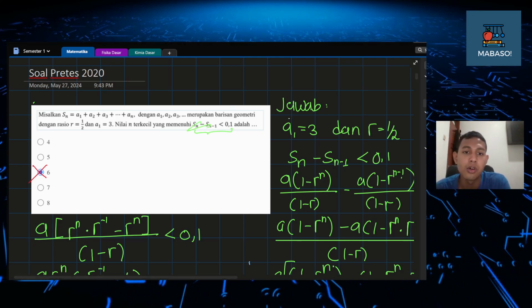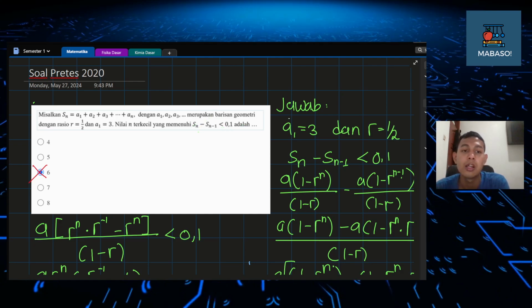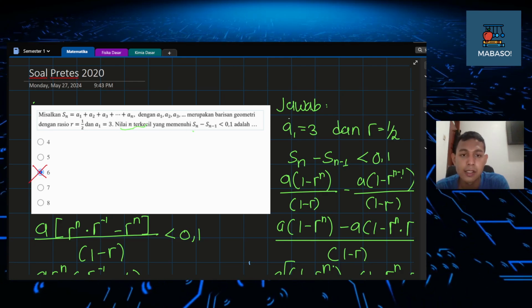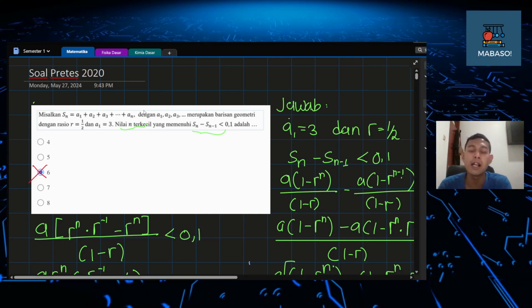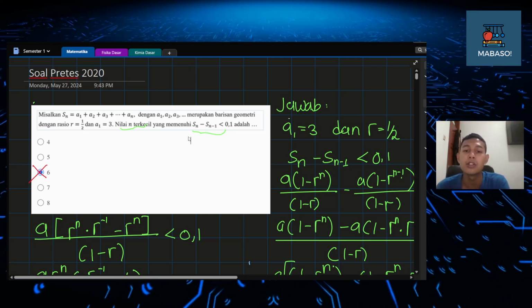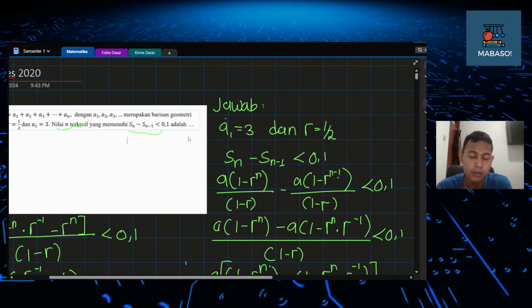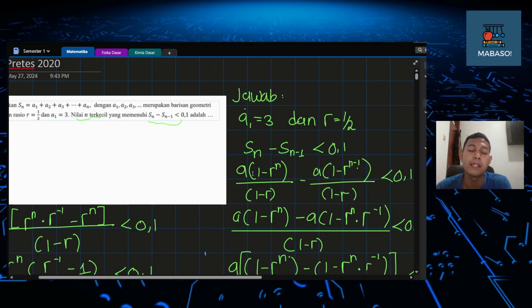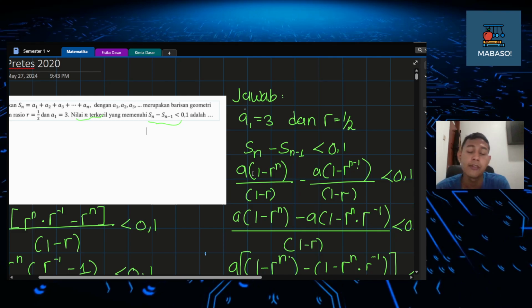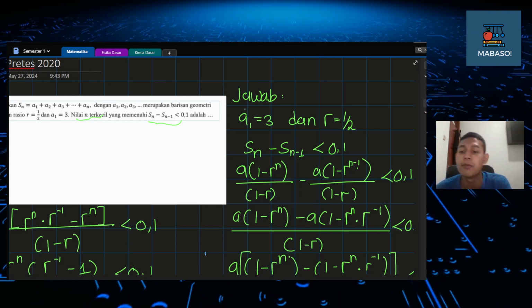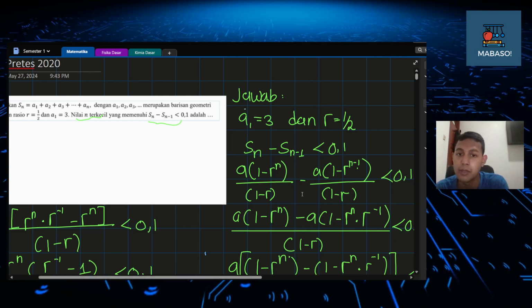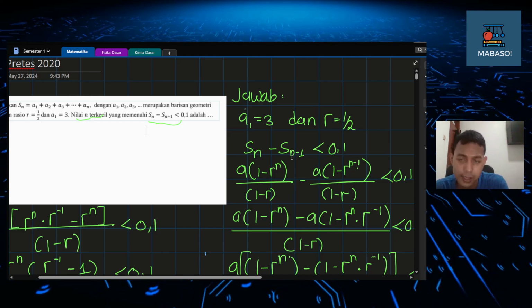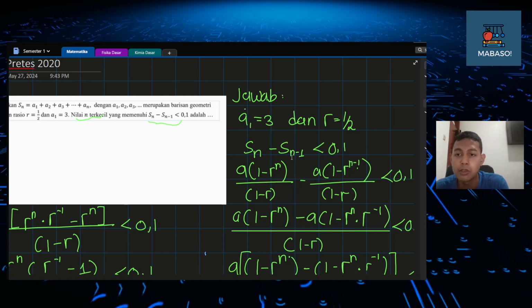So we have to find the smallest value of n such that this inequality is true. We will start by dissecting the problem first, identifying the information that is given and what we can infer from it. We know that a1, the first term, is equal to 3, and the ratio is equal to a half.